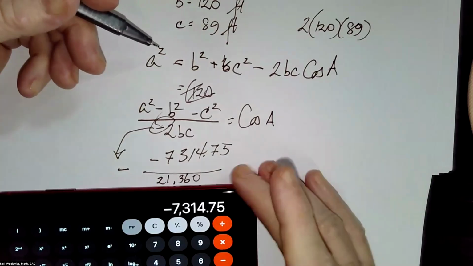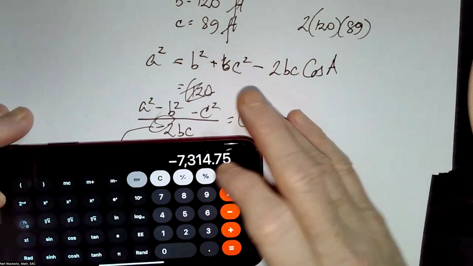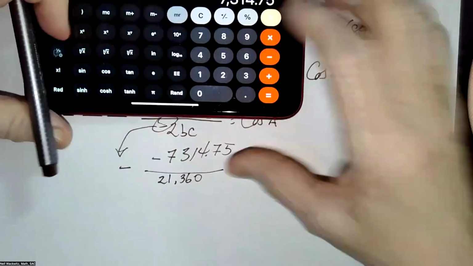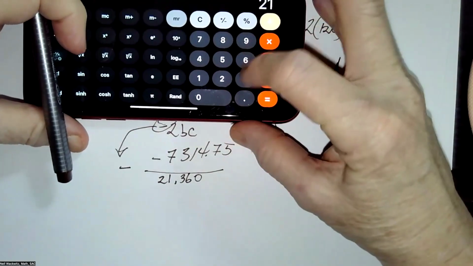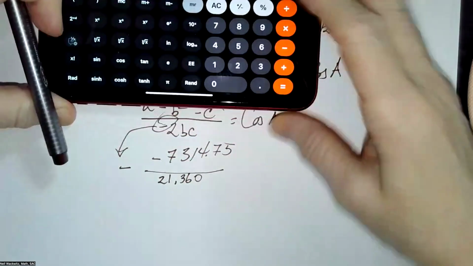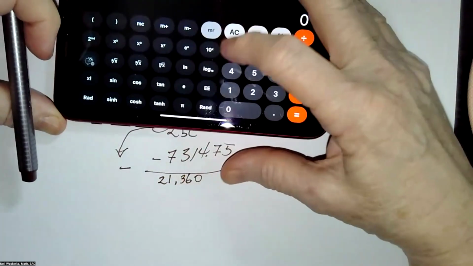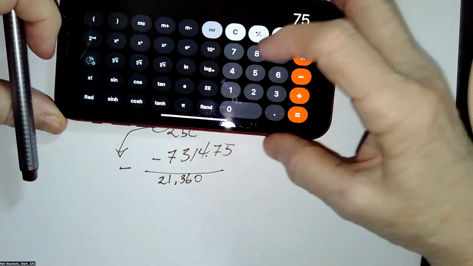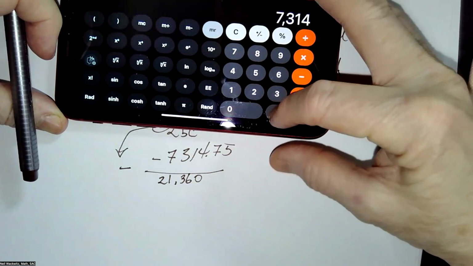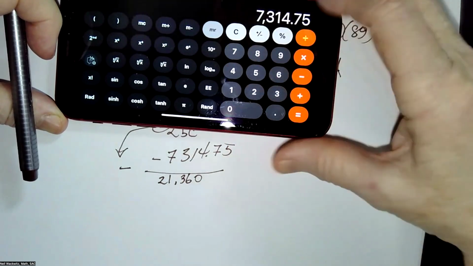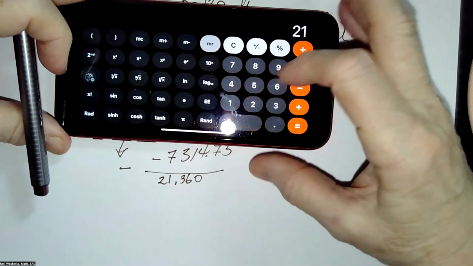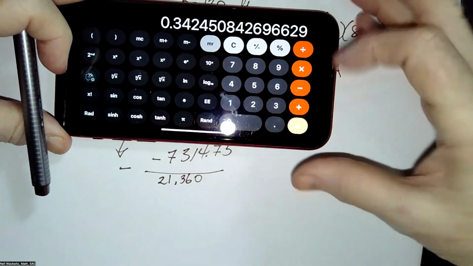Oh, thanks, Krista. So let's see, we're going to divide by, I'm going to change sign, divide by 21,360. I'm glad I wrote it down. So I've got 7314.75 divided by 21,360.